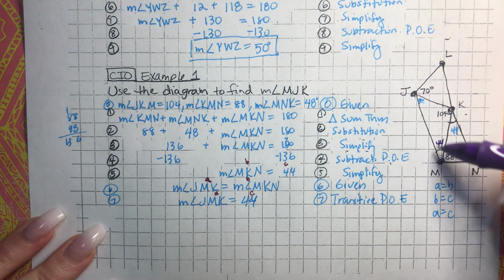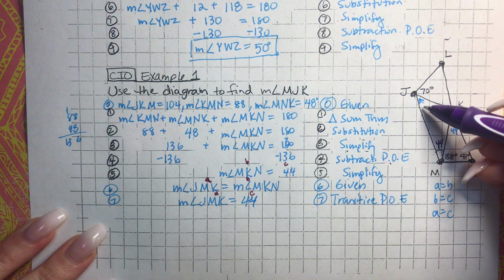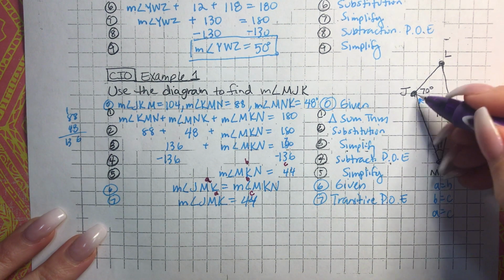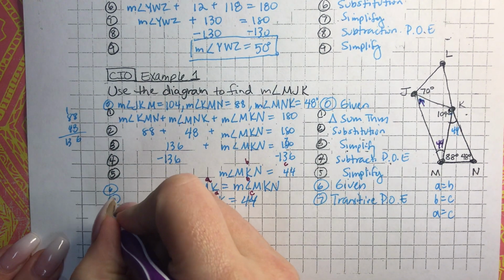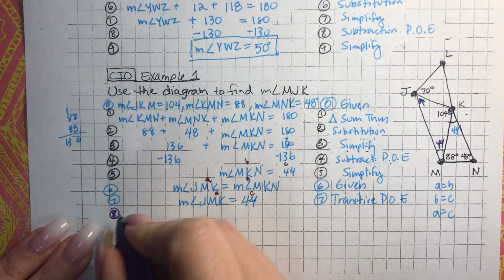So now all we need to do is the triangle sum theorem to determine this value right here, right? Triangle sum theorem. So let's do it. Changing the color. So what do we have?